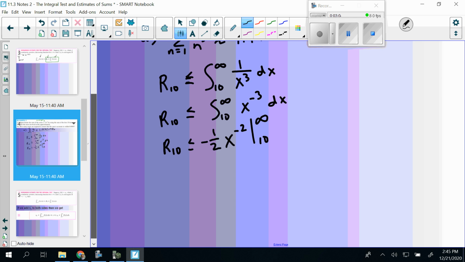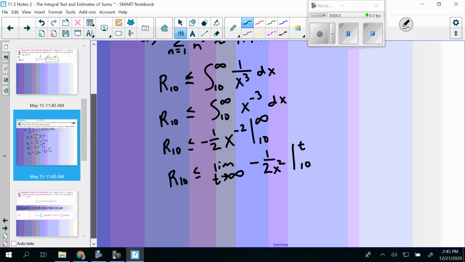So keep evaluating here. We're going to need a limit to do this one, so I'm going to use the limit as t approaches infinity of this. And I'm going to write this as negative 1 over 2x squared.